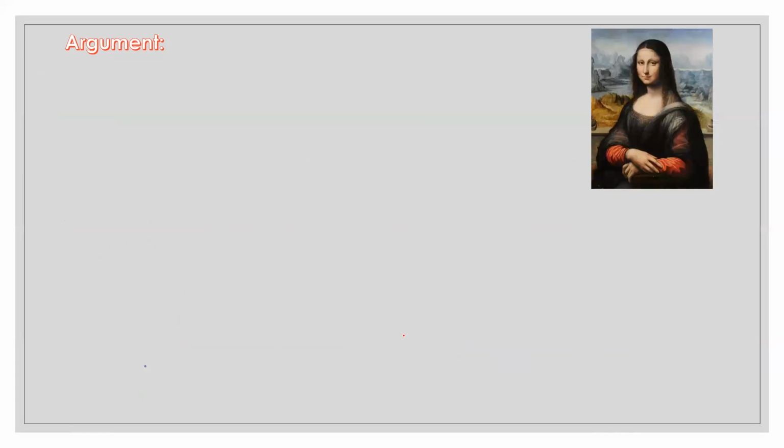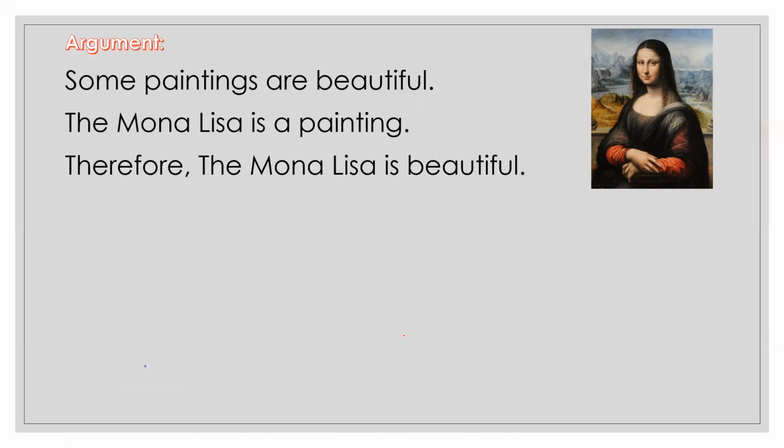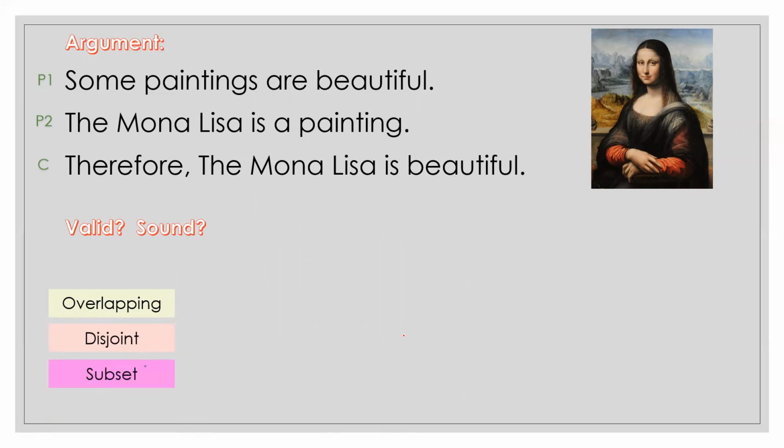All right, here's another argument for you to look at. Some paintings are beautiful. Mona Lisa is a painting. Therefore, the Mona Lisa is beautiful. Okay, let's see. Premise 1, premise 2, and the conclusion. What would it be? Overlapping, disjoint, or a subset?